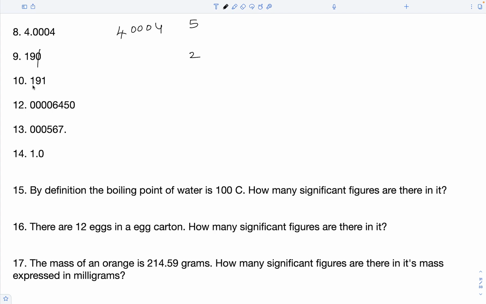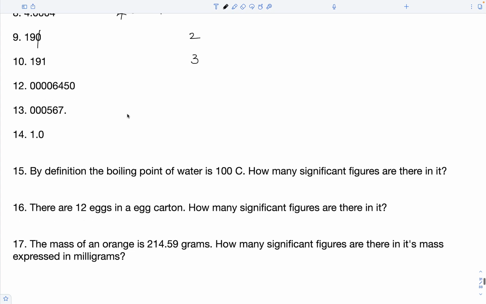Here all the 3 digits are required to maintain its magnitude. So the number of significant figures is 3. And in this case, again we have an integer with a trailing 0 but without a decimal point in the end. So first drop all the digits that do not contribute to its magnitude. And this trailing 0 is also not significant because there is no decimal point in the end by convention.